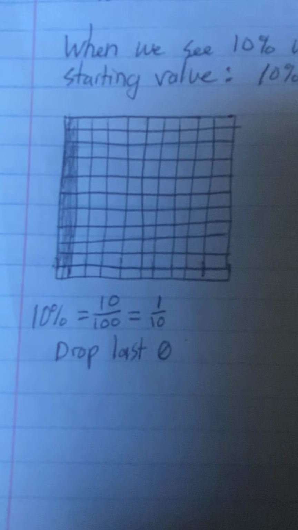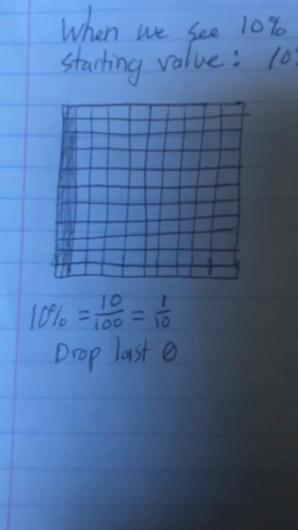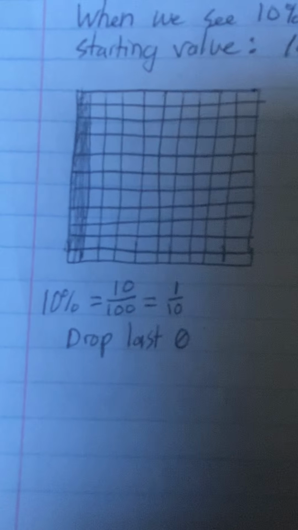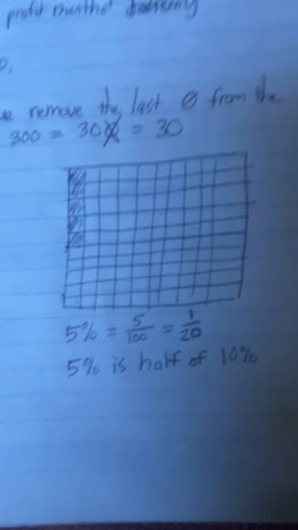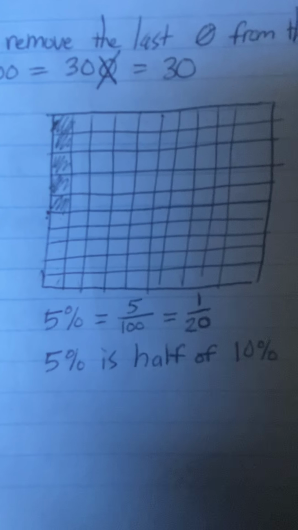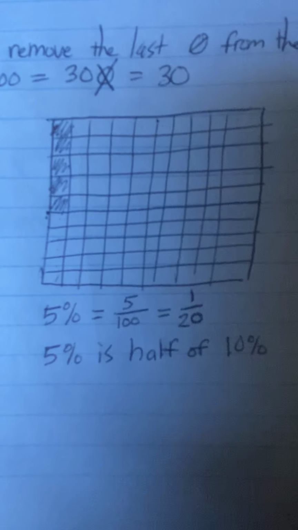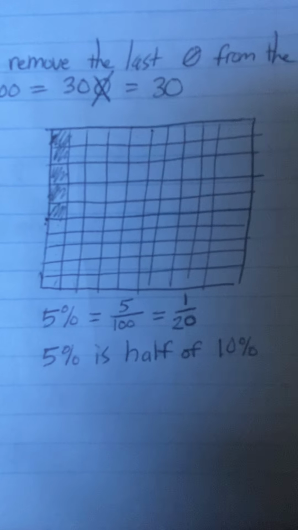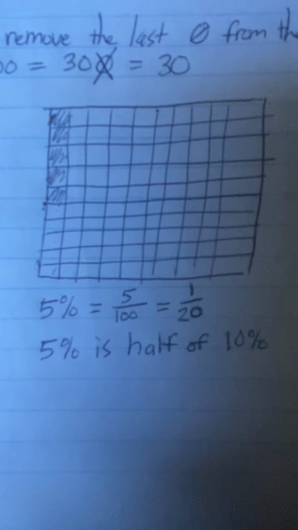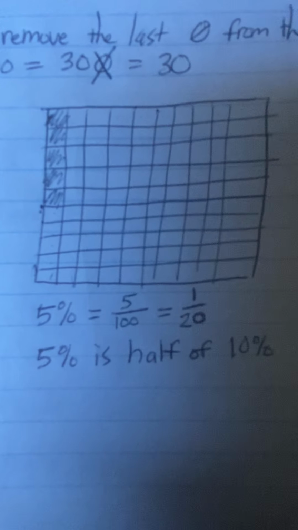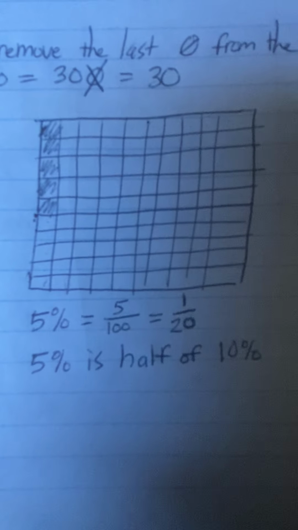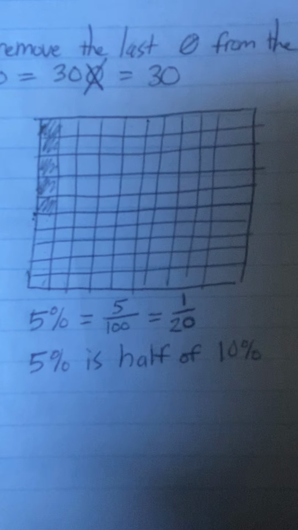Now, since we know 10%, we can figure out some other benchmarks now, like 5%. So in the next 10 by 10 grid, I want you to fill in 5 of those squares, because 5% means 5 out of every 100. As a fraction, that's represented as 5 over 100, which can be reduced to 1 over 20.